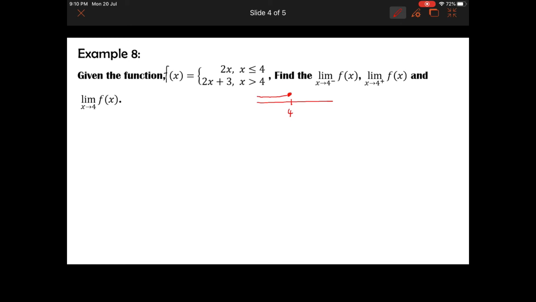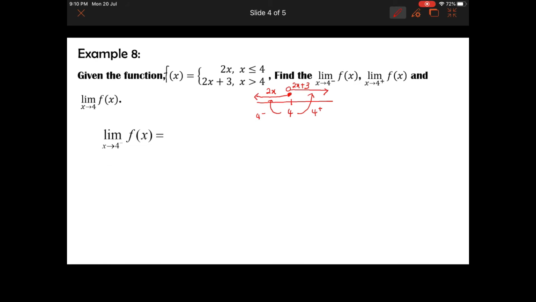When x is less than or equal to 4, the function would be 2x. And when x is greater than 4, the function would be 2x plus 3. So here would be 4 from the left, and in front would be 4 from the right.